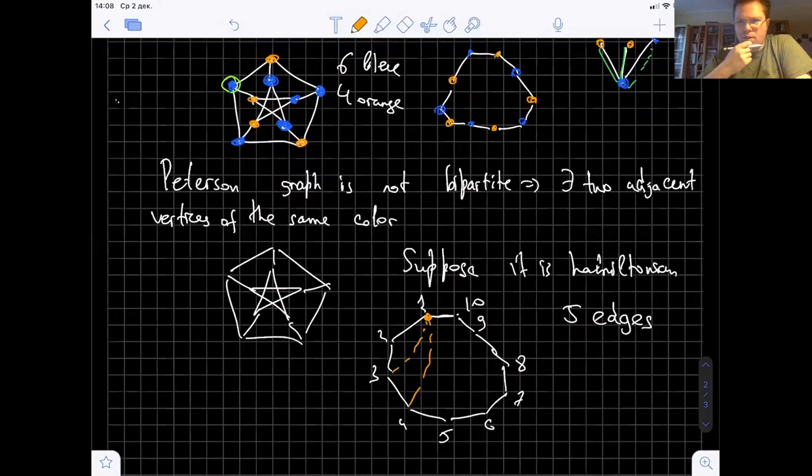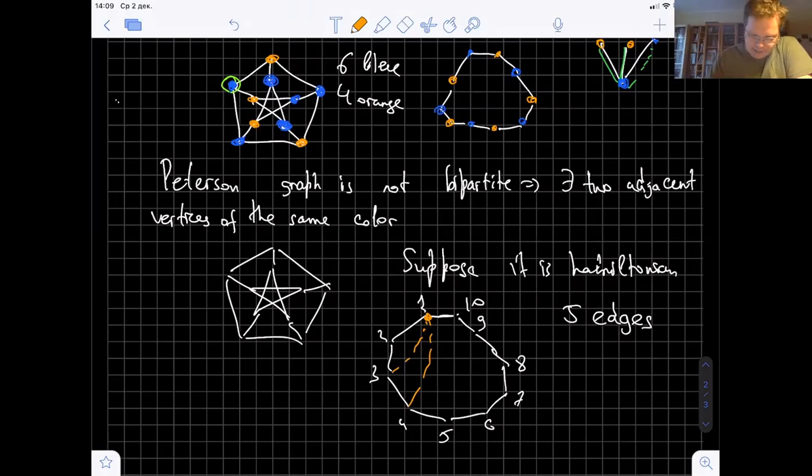I think so. Why? If we have 1, 4, then we have a cycle of length 4 in our graph. Do we have a cycle of length 4 in the Petersen graph? No. Of course, it's easy to see that the minimal number of vertices in a cycle is 5, because we don't have a triangle and we don't have cycles of length 4 in our graph.